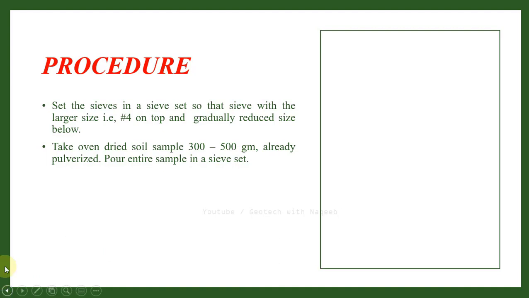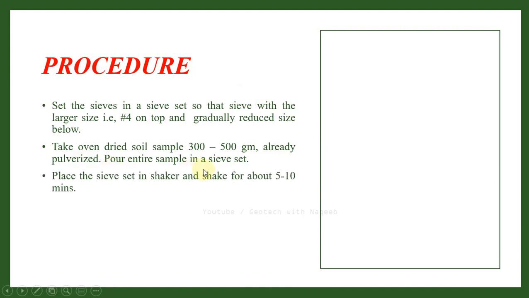But normally for soil with different particle sizes, we can use a 300 to 500 gram soil sample. This is the representative amount of soil sample required to perform this test. Again, the oven dried sample should be pulverized. Why do we pulverize the soil sample? To break the clumps of the soil. Then pour the entire sample in the sieve set.